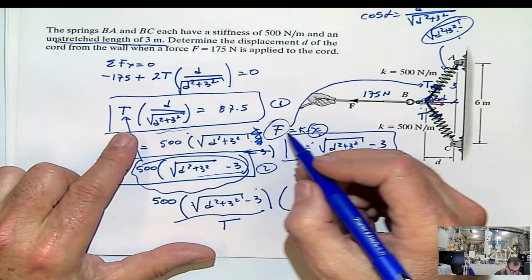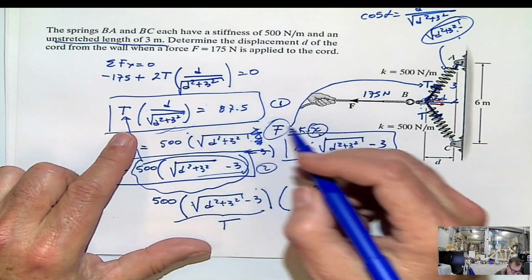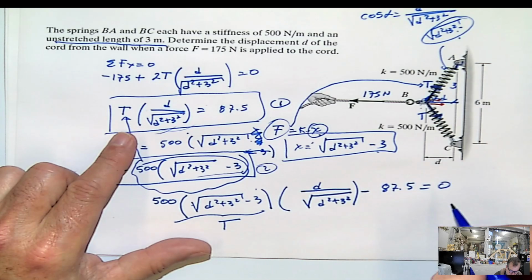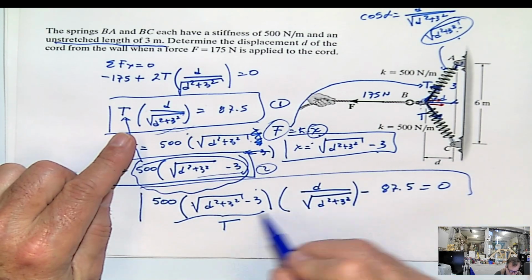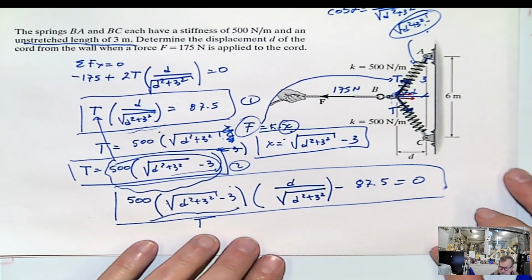That's that. And that has to be equal to 87.5, but I'm going to pass this 87.5 to the other side of the equation, so I get a beautiful zero in this part, which hopefully is not what you're going to get in the exam if you get this problem.